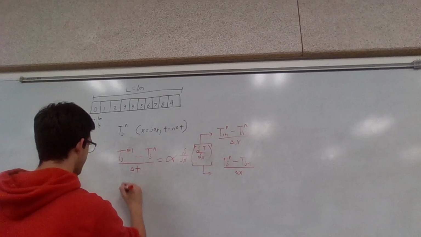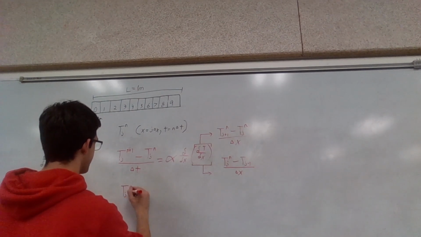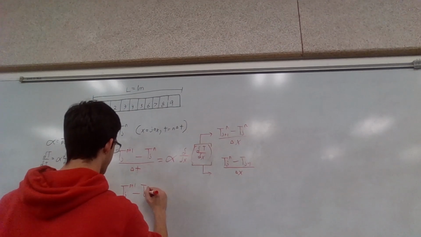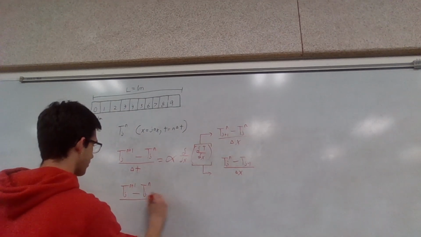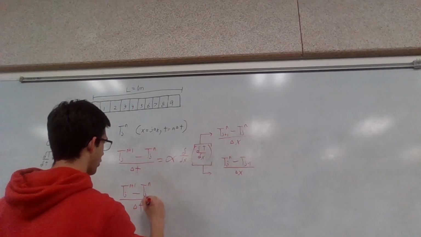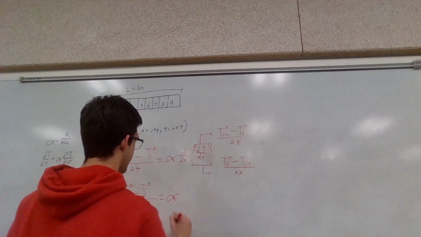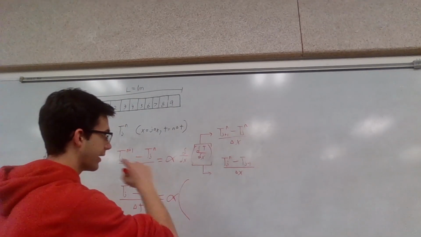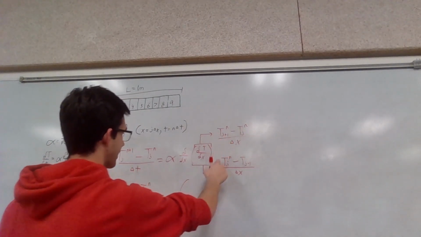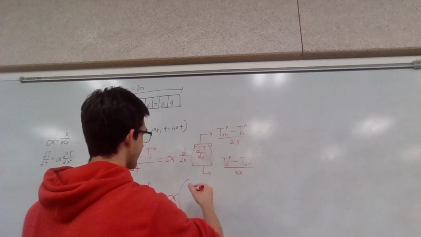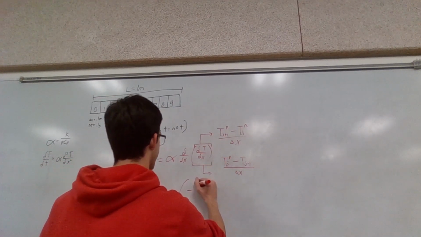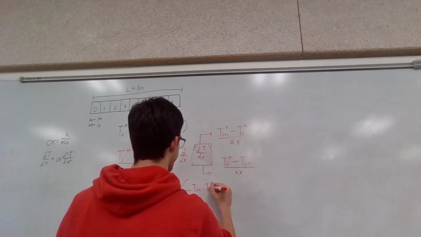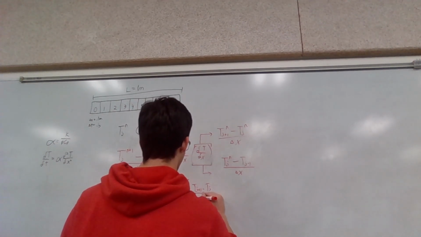So our T j to the n plus 1. Sorry, temperature at some position j at a previous time over time equals alpha times this term minus this term over delta x, minus T j plus 1 minus T j over delta x.